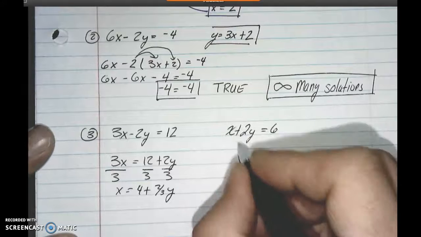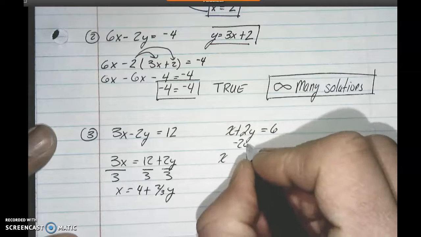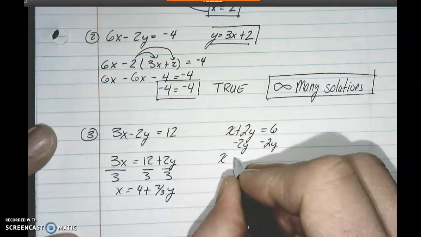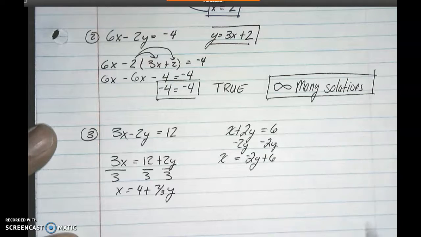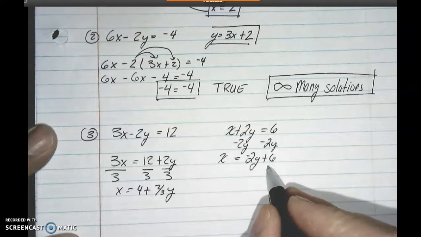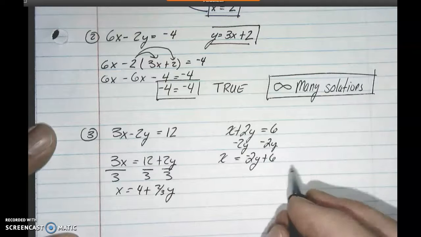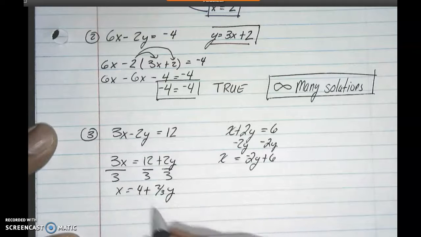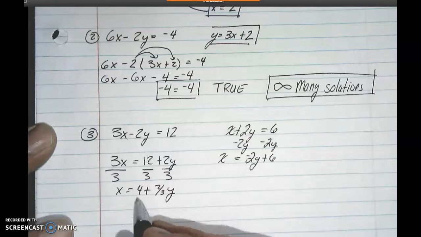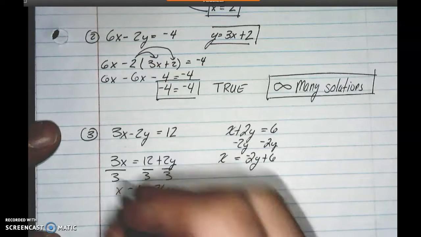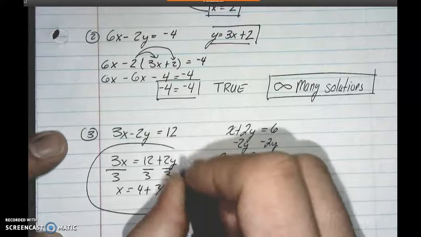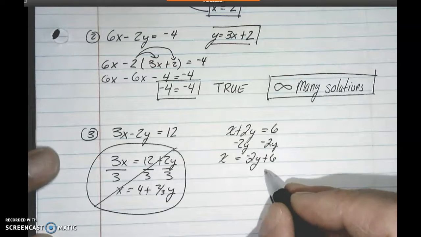Whereas if I come over to here and I subtract the 2y, I have whole numbers, okay? It makes it a lot easier. So then this is possible. You definitely can do it, but it makes your math harder, okay? So I don't recommend this. If I can make it easy, that's what I'm going to go with.